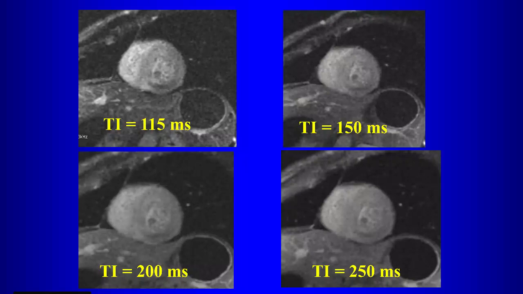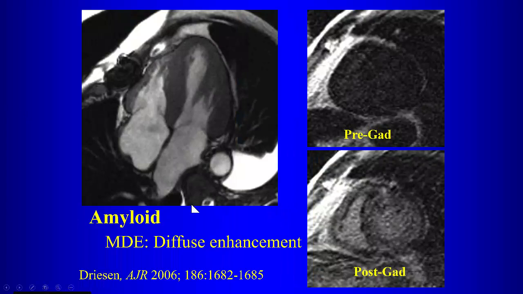So it's very difficult to suppress the myocardium. Okay. So regardless of the inversion times that we're trying to use here, we're having trouble suppressing the myocardium. The first clue might be this difficulty, because all of the myocardium is abnormal here because of the deposition of amyloid.